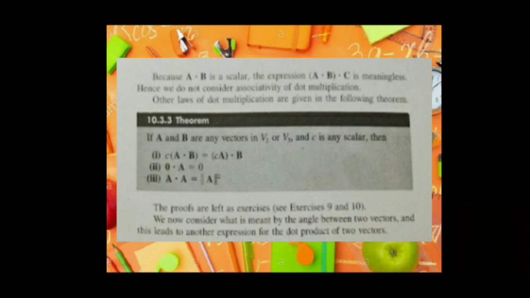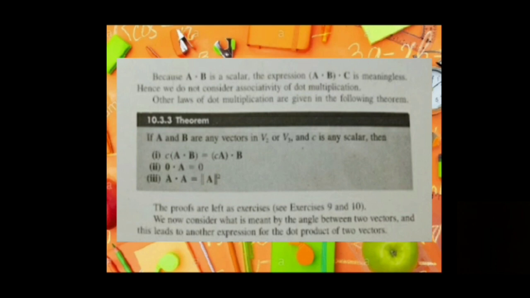Because A · B is a scalar, the expression (A · B) · C is meaningless. Hence, we do not consider associativity of dot multiplication. Other laws of dot multiplication are given in the following theorem.